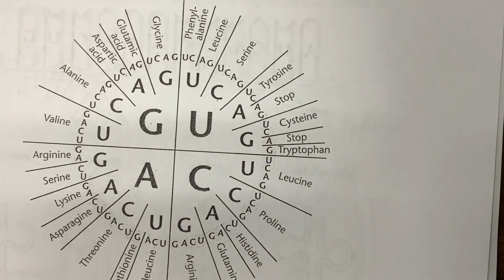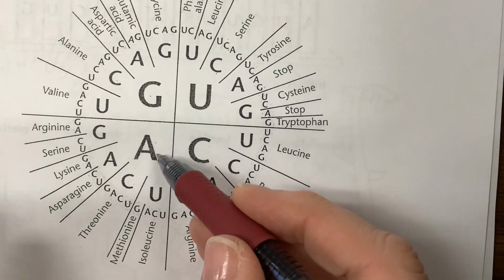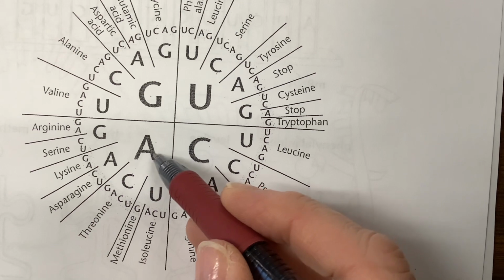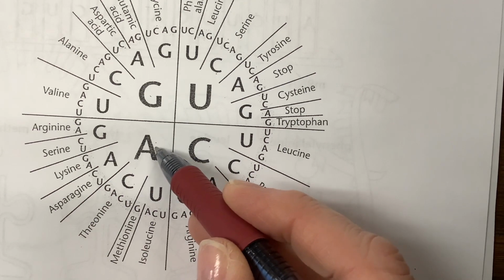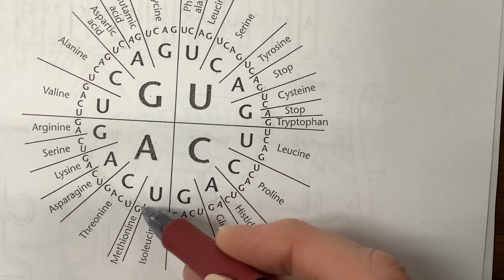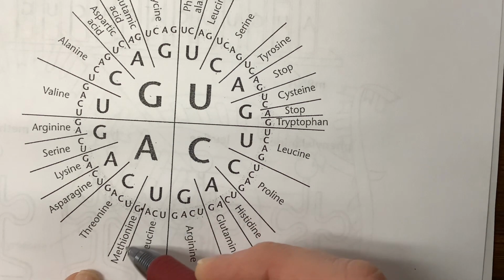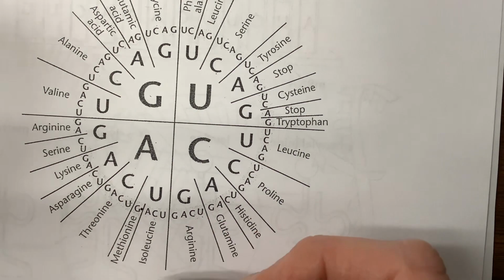And our first codon was AUG. So we always take the first letter that's the biggest here in our decoder, and we go work our way out, okay? So AUG as a codon would give me methionine for the amino acid.